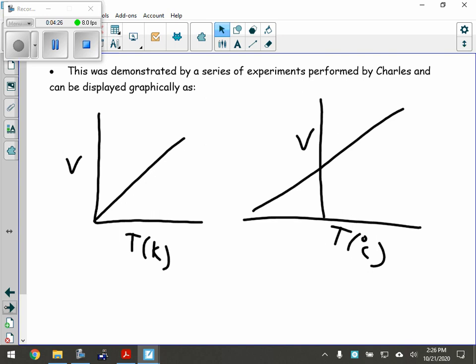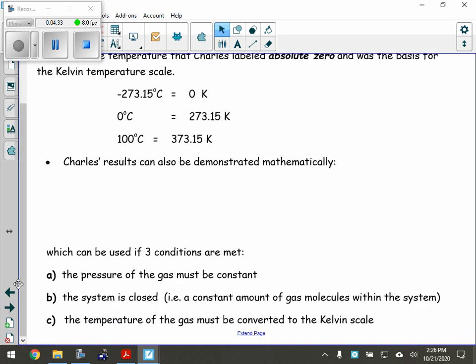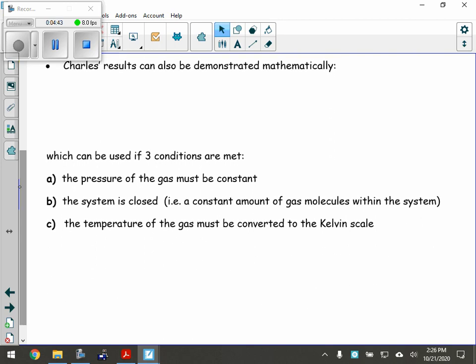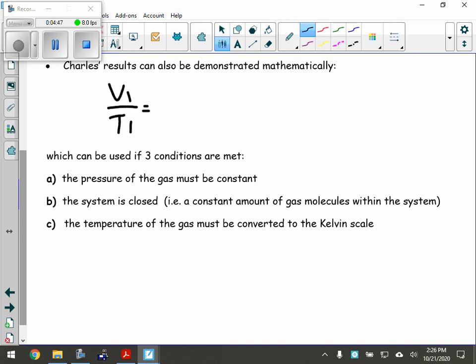Before we get to that, though, I'm going to skip a little bit here, and we're going to go right down to here. I'm not sure if you guys have the formula here or not. You should see demonstrated mathematically V1 over T1 equals V2 over T2.